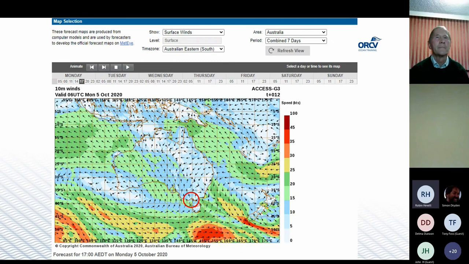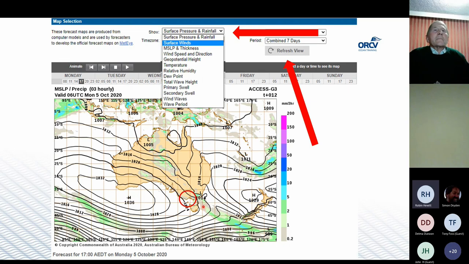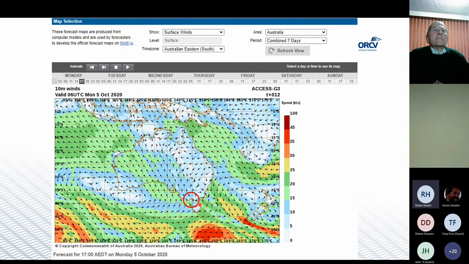This was about comparing the different maps showing the area, inland waters. We were looking at this area. So we've got the isobars here. We've got the wind arrows here.